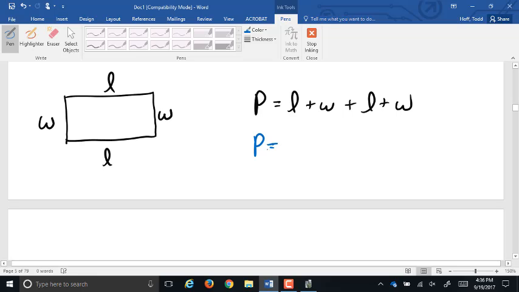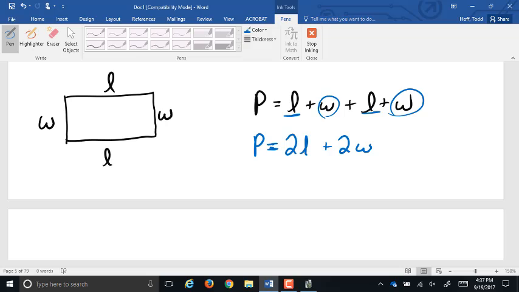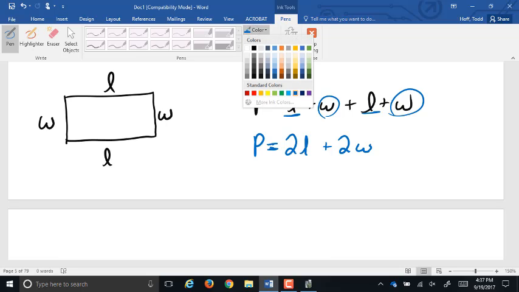If I combine like terms here, L and L combine to make 2L, plus W and W combine to make 2W. So the perimeter of a rectangle, at least, is equal to 2 times the length plus 2 times the width.